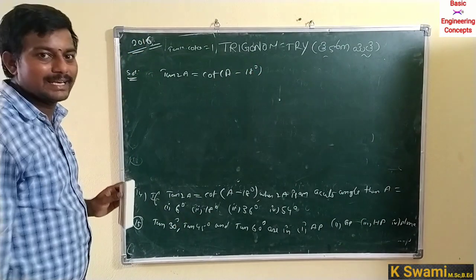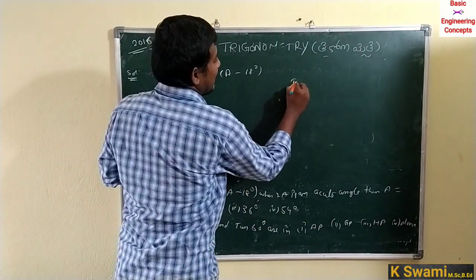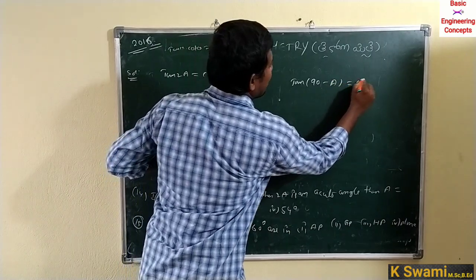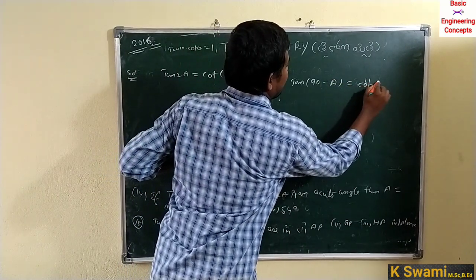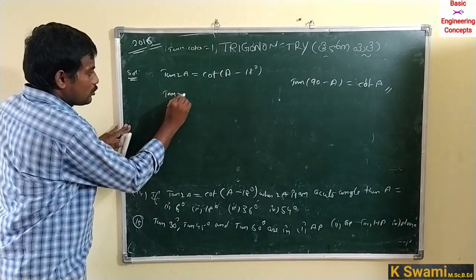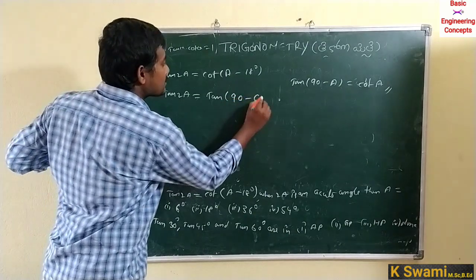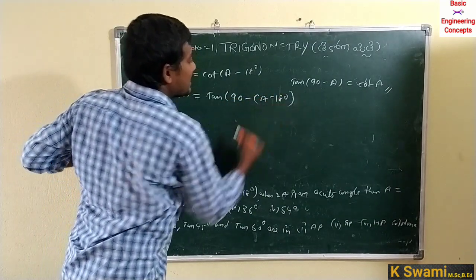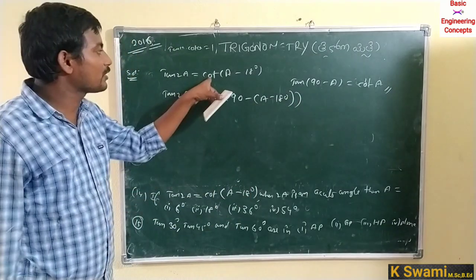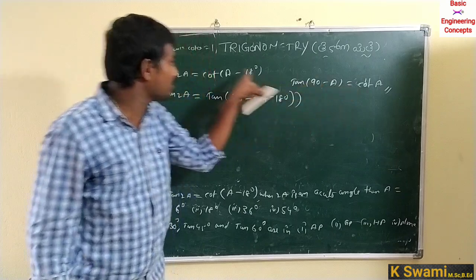Already we discussed, tan 90 minus a is equal to cot a. So tan 2a is equal to tan of 90 minus a minus 18 degrees, because tan 90 minus a is equal to cot a.